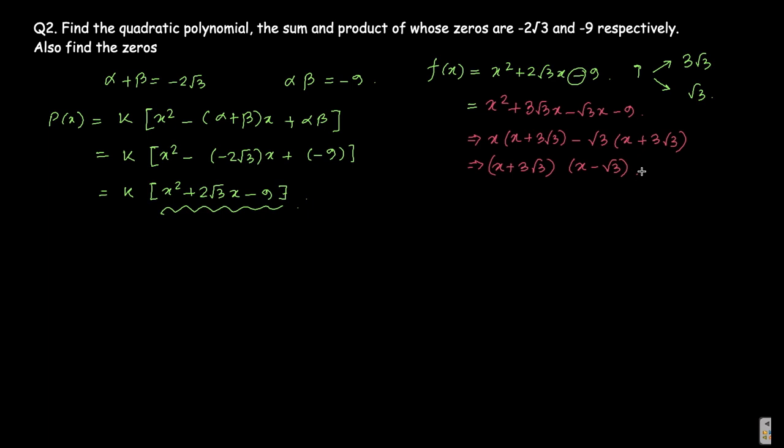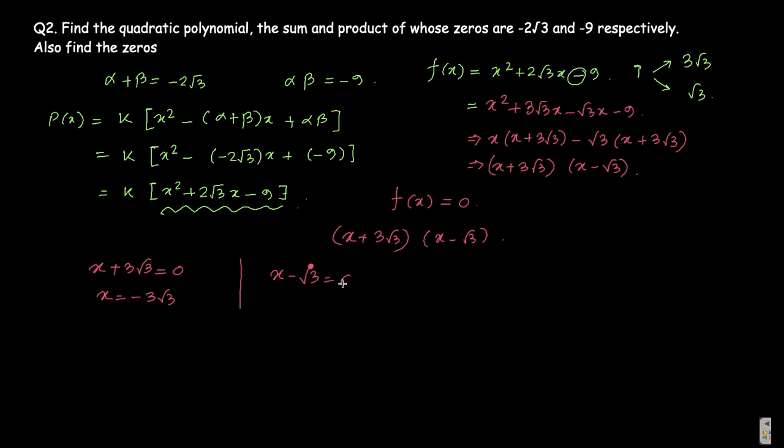Now we have to find the zeros, that is, we have to make f(x) equal to 0. What is f(x)? It is nothing but x plus 3 root 3 into x minus root 3. Taking one by one, x plus 3 root 3 becomes 0, so x equals minus 3 root 3, and second part x minus root 3 is equal to 0, so x equals root 3.